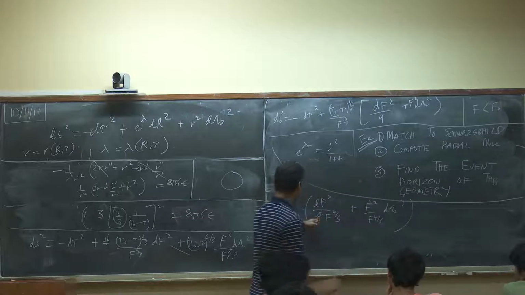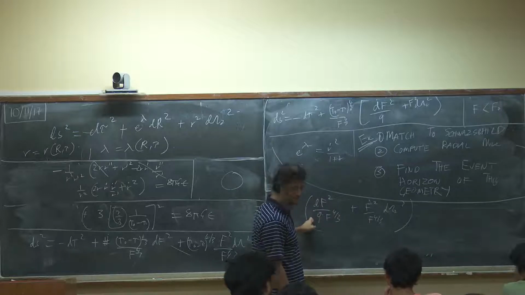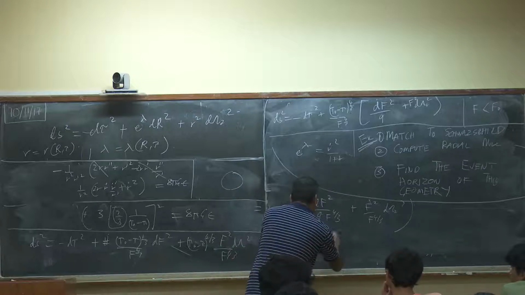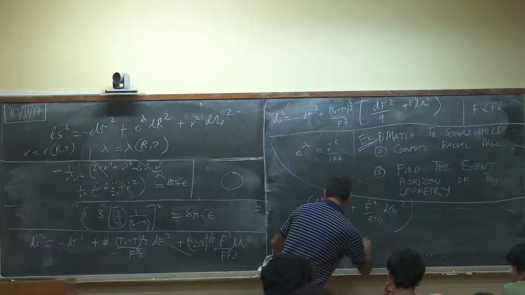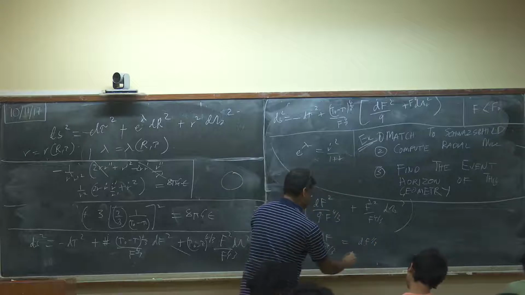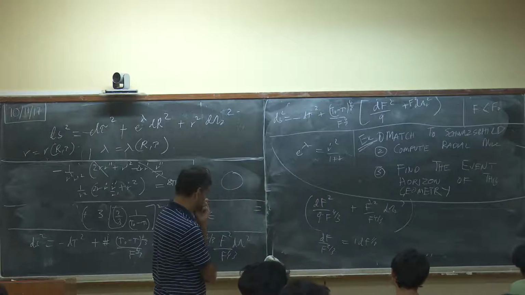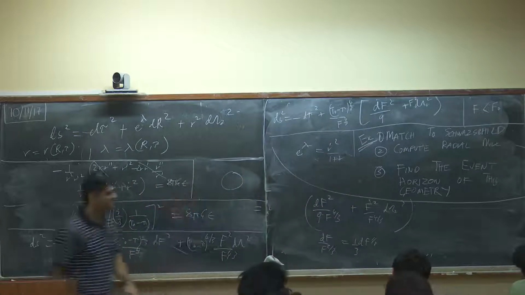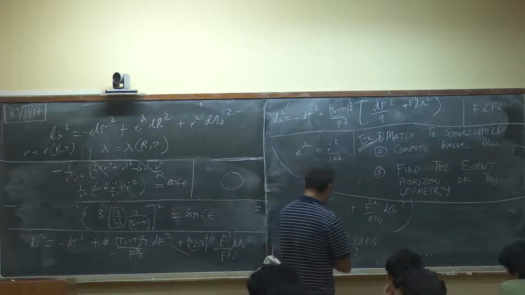Have I missed a 4 somewhere? I'm going to work it out and then we may have to trace back for numbers. So df divided by f to the power 2/3 is equal to d of f to the power 1 by 3, times 3.